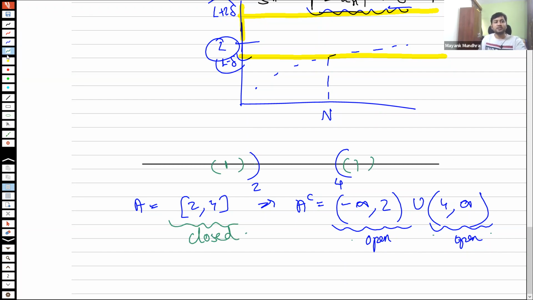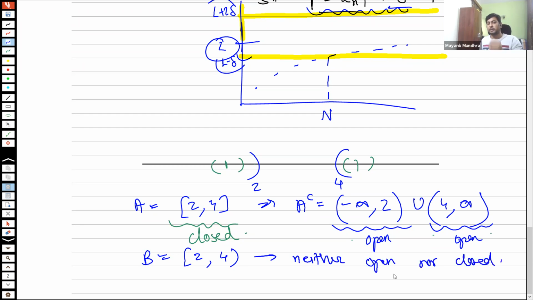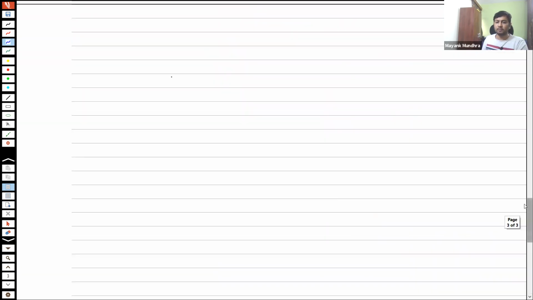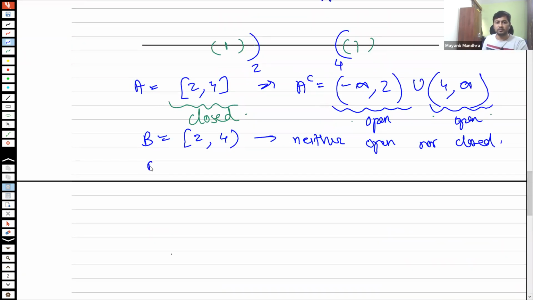But at the same time, consider another set B, which is, let's say, closed 2 to open 4. Then this set is neither open nor closed. Because this set is definitely not open. If I look at B complement, it will be negative infinity to 2 open, union closed 4 to infinity.